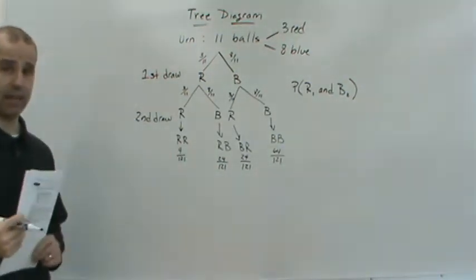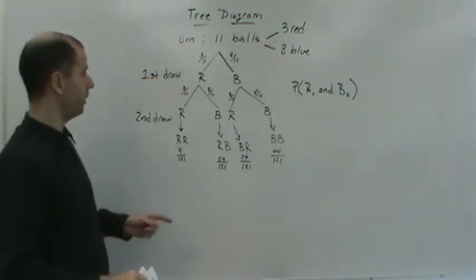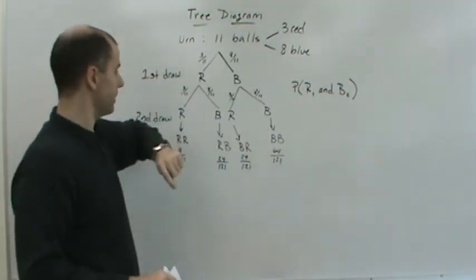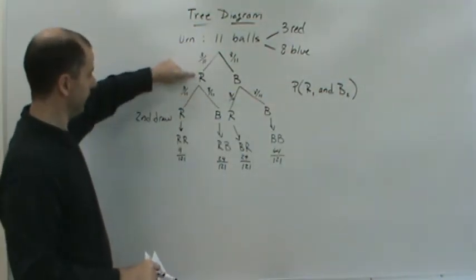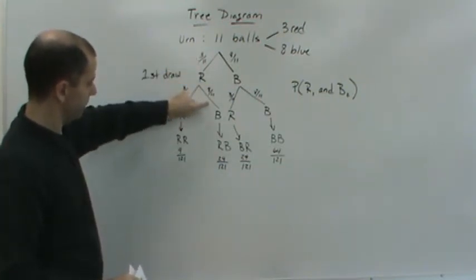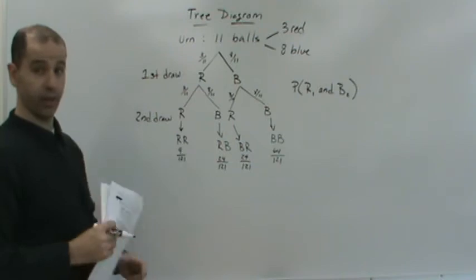Well, this is an and statement, right? So R on the first draw, that means here, and B on the second draw. Well, where are we going? We're going here and then here. So we're going to go this times this equals this.